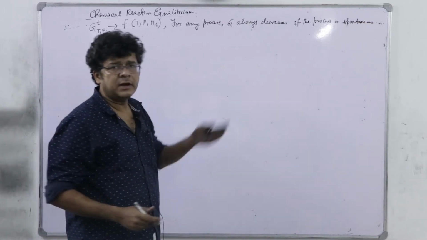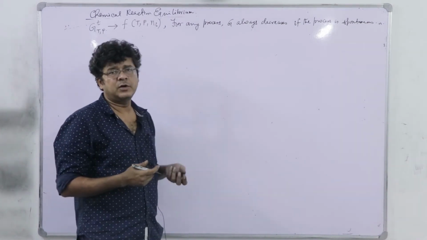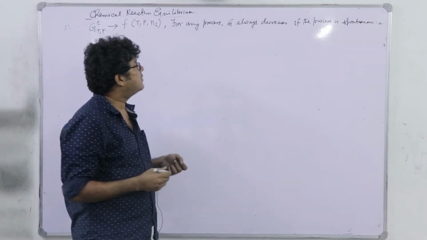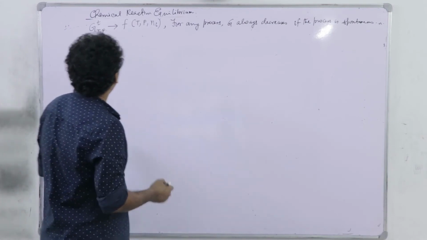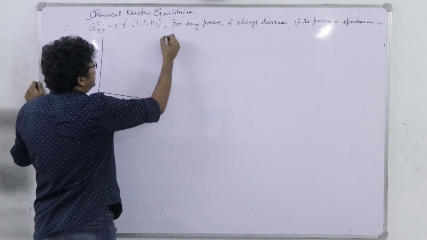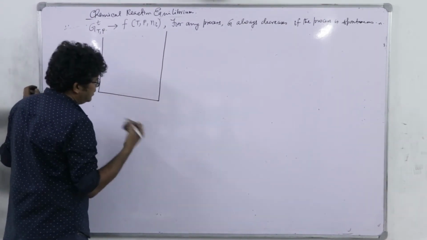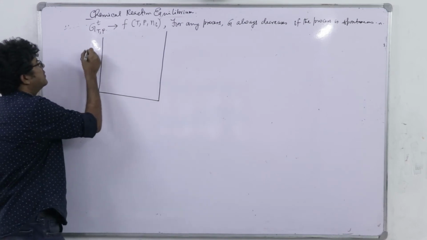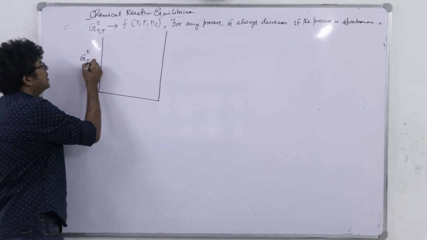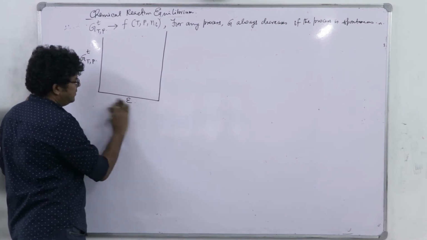So, for all spontaneous processes like mixing or reaction, the total Gibbs energy must decrease. So, here, as we want to focus on the Gibbs energy's change with reaction only, keeping the temperature and pressure constant, it is G total at T comma P, and here we are plotting epsilon.